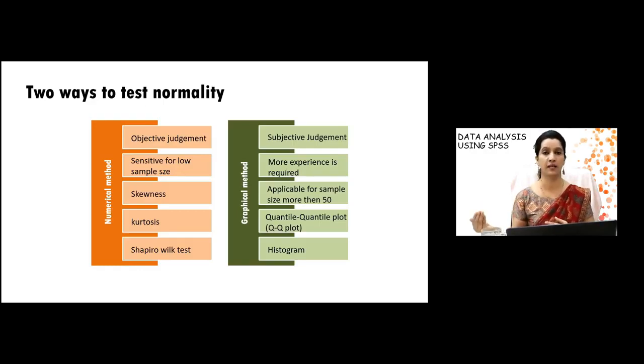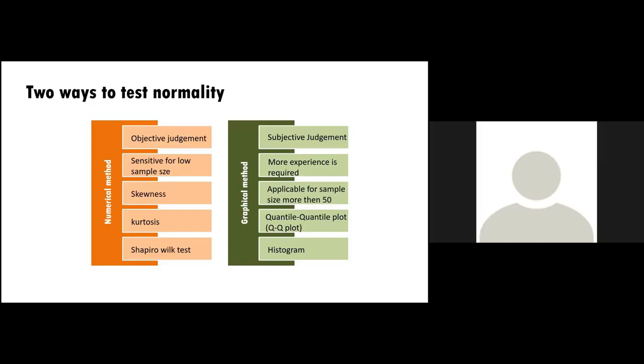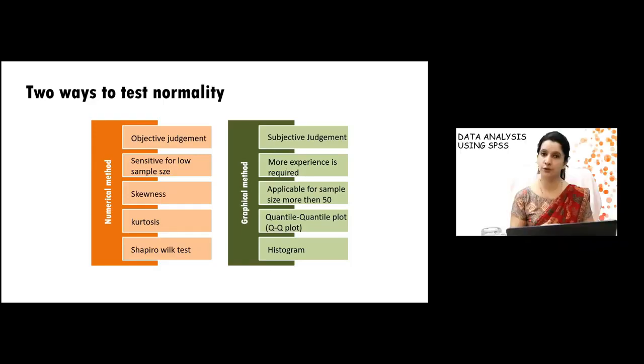Am I making sense to you? Again, I'll repeat. If the sample size is less than 50, we should use the numerical method or objective method. If the sample size is more than 50, we should use the graphical method, which is a subjective method for the assessment of normality.